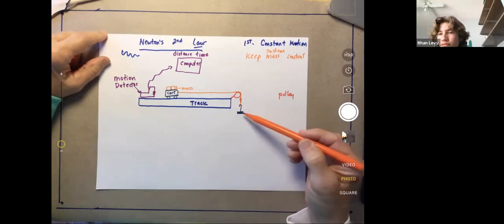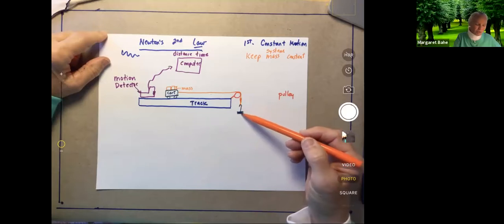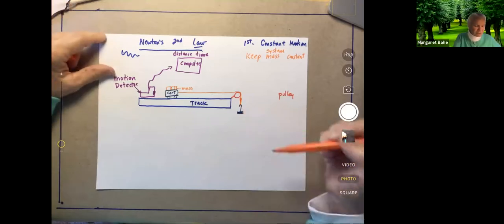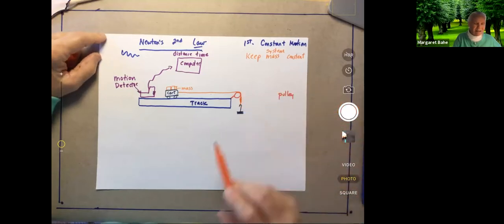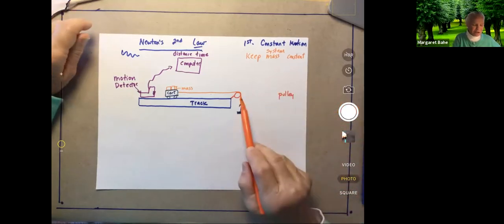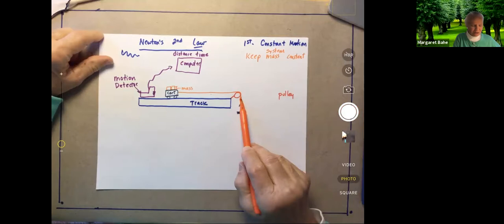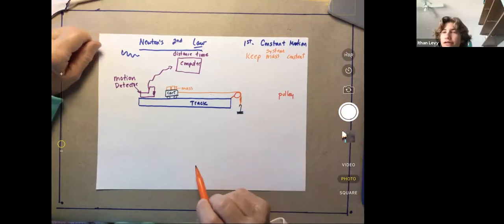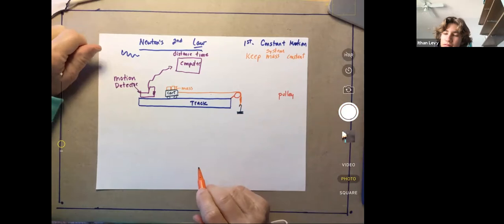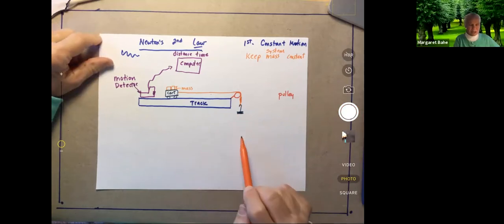But why is there a tension being created on that string? What does this pan want to do? There's gravity. The force of gravity is pulling this down.